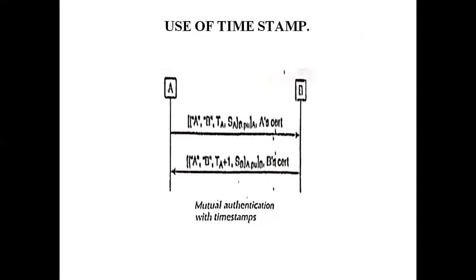Next we will look at the use of timestamps. What do we mean by this? The use of nonces was introduced in the previous section as a means to prevent replay attacks. Each party generates a nonce which is used as a fresh challenge to the other party.